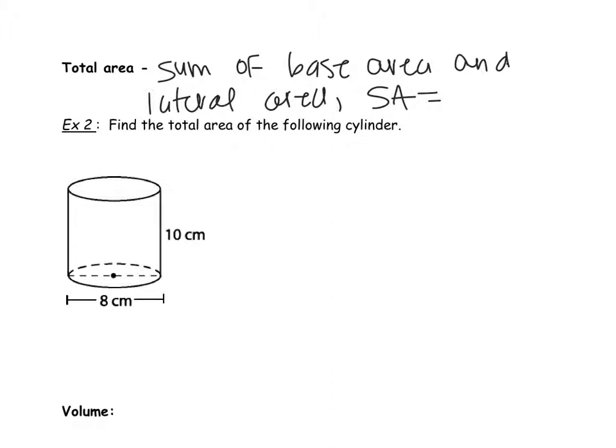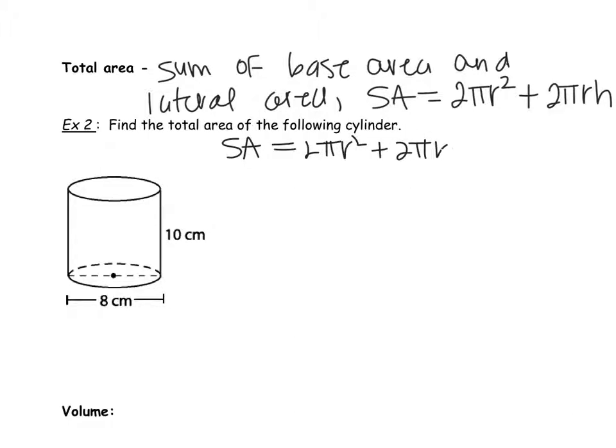So the surface area formula is the base area, 2 pi r squared, plus the lateral area, which is 2 pi r h. So to find the total area of our cylinder, we just use that formula. Surface area equals 2 pi r squared plus 2 pi r h.